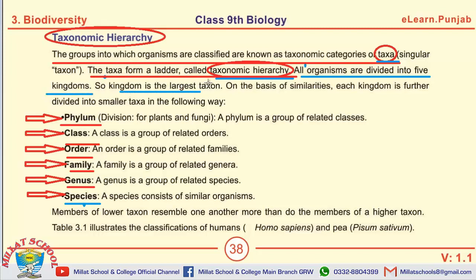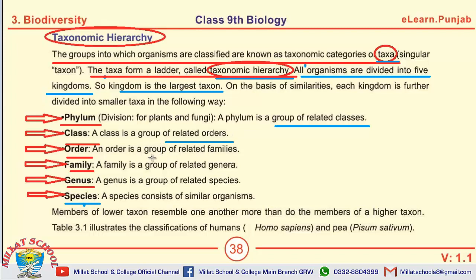Kingdom is the largest taxon. Phylum is the group of related classes. Class is the group of related orders.